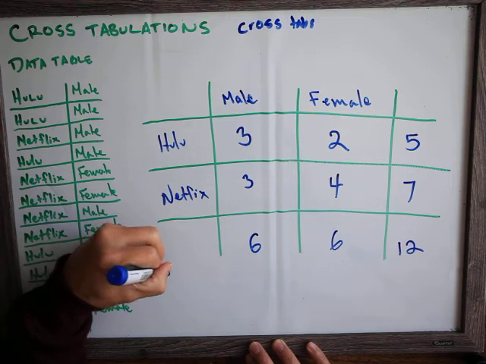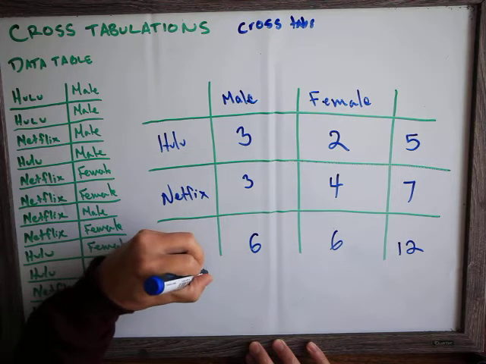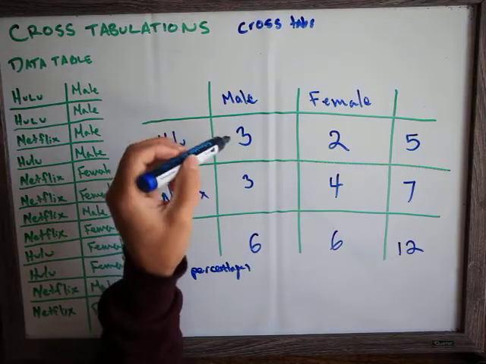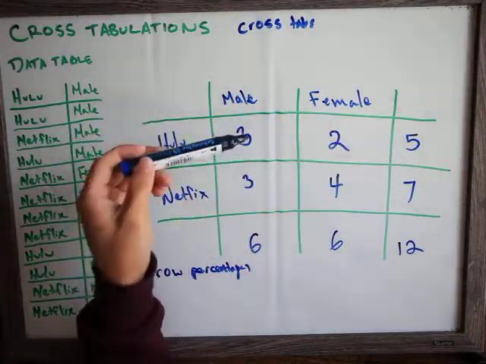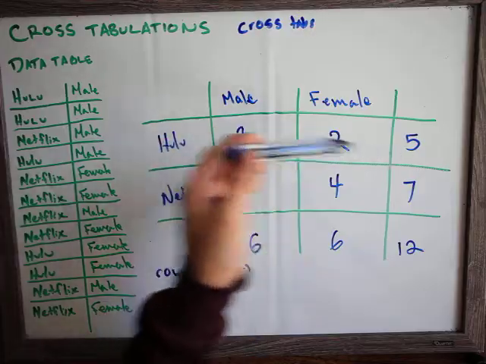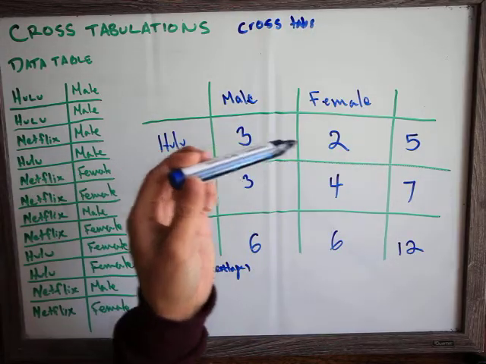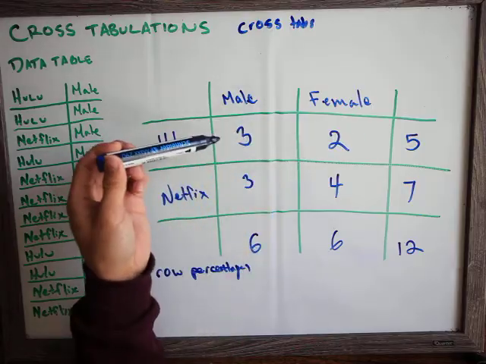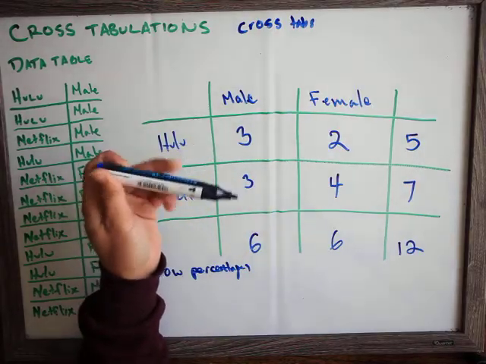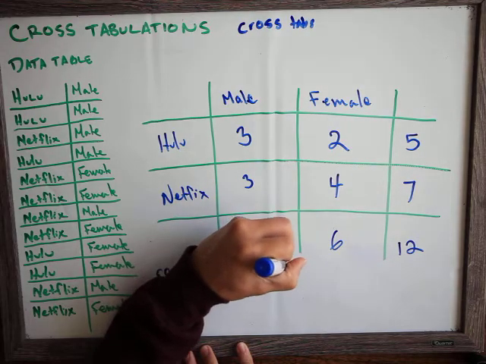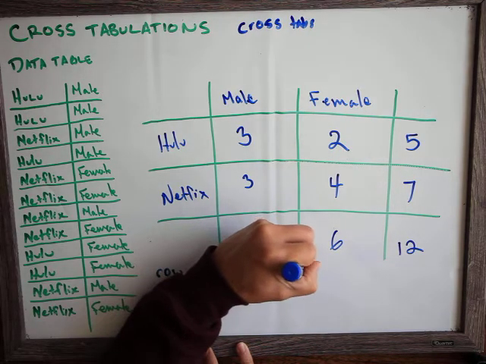Row percentages are when we take each row and see what percent of all Hulu watchers are male and what percent of all Hulu watchers are female. How we get row percentages is we take the cell and divide it by the row marginal.